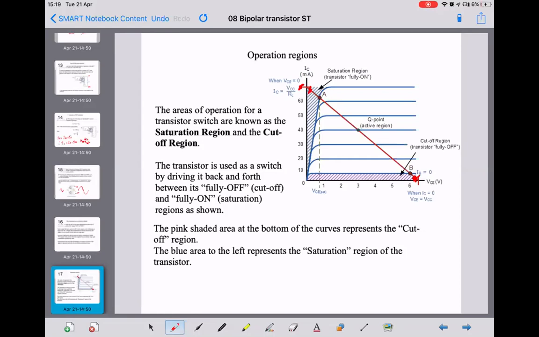All right, these curves that you see here, 1, 2, 3, 4, 5, 6, are the curves for different IBs. Maybe IB is 10 milliamps, 8 milliamps, 6 milliamps.